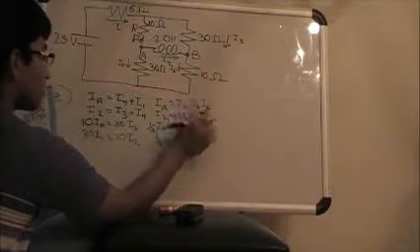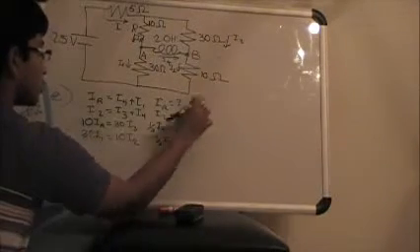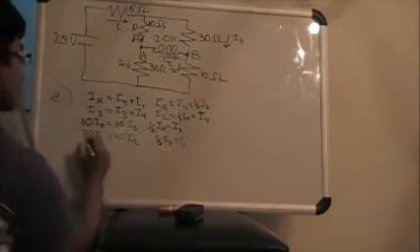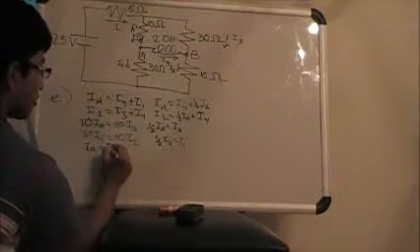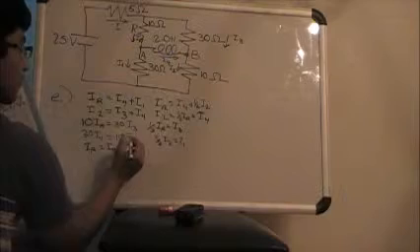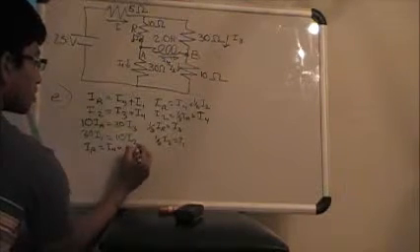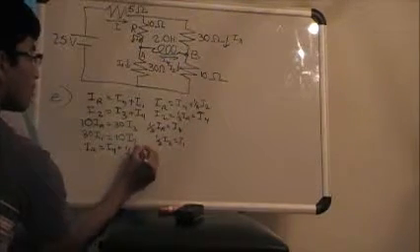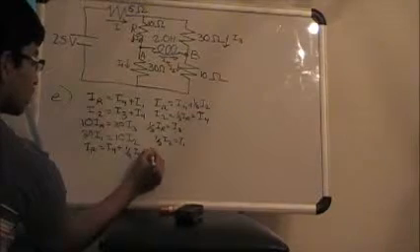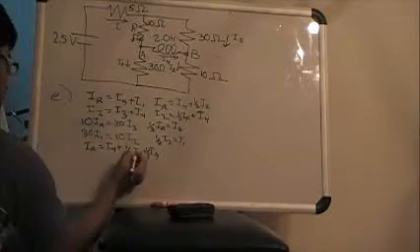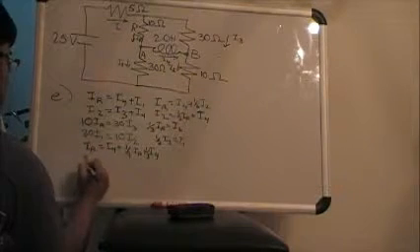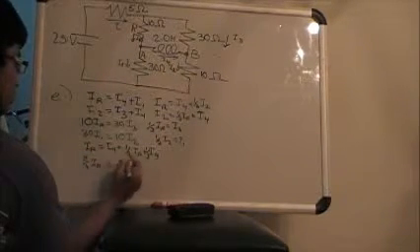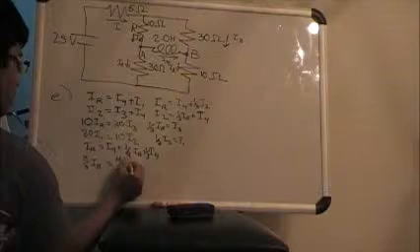And now you can plug this into here as I2 because that's what I2 is equal to. So you get IR is equal to I4 plus 1/9 IR plus I4. So we simplify this equation, so you subtract 1/9, so you get 8 out of 9 IR is equal to 4/3 I4.